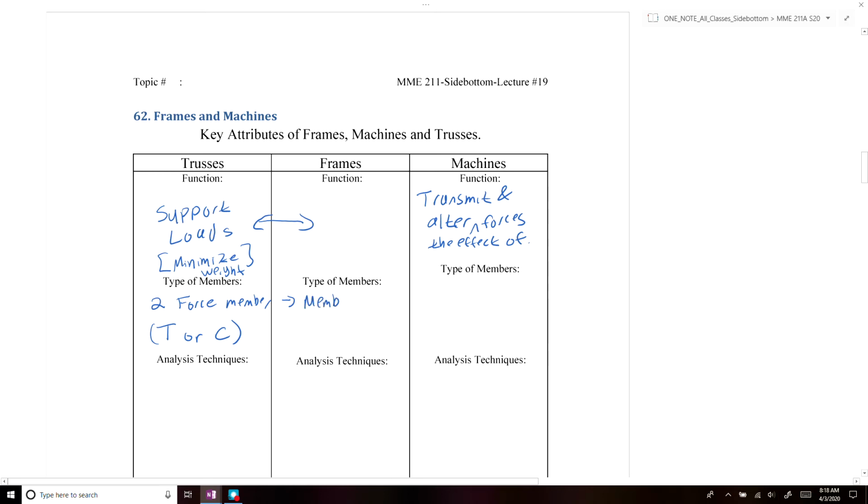So members will typically have greater than or equal to three forces being applied to them. All right, so that's the primary difference between a member within a truss versus a member within a frame. And then machines will typically have greater than or equal to three forces at least acting on one member.